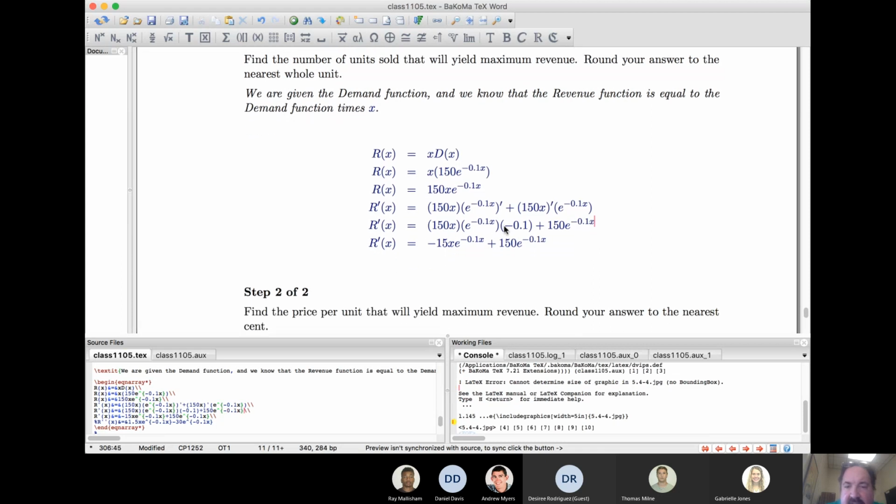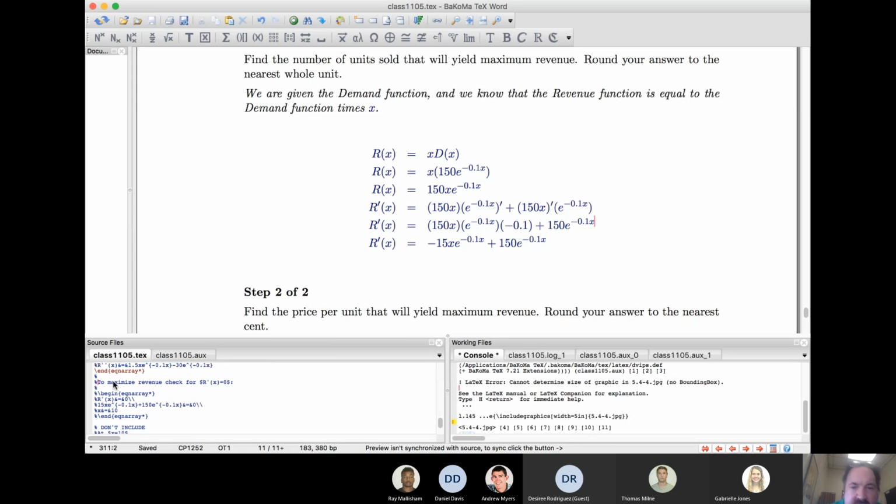Okay. So then I have 150 times minus 0.1, and that gives us minus 15x, and then the exponential, and then I have this other term here that was worked out. So this is the derivative of the revenue function, also known as marginal revenue. All right.